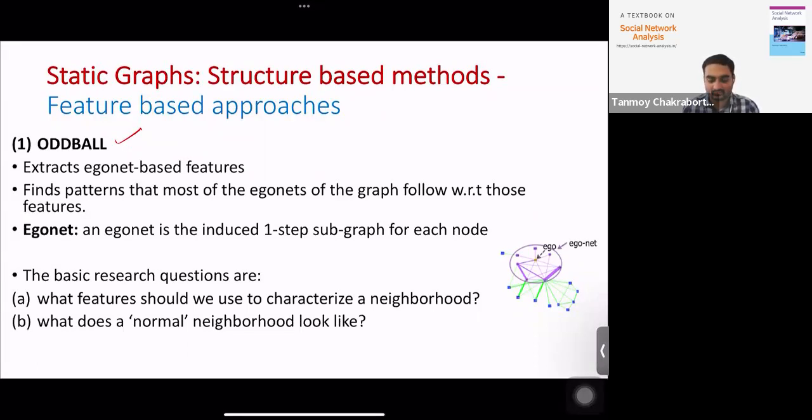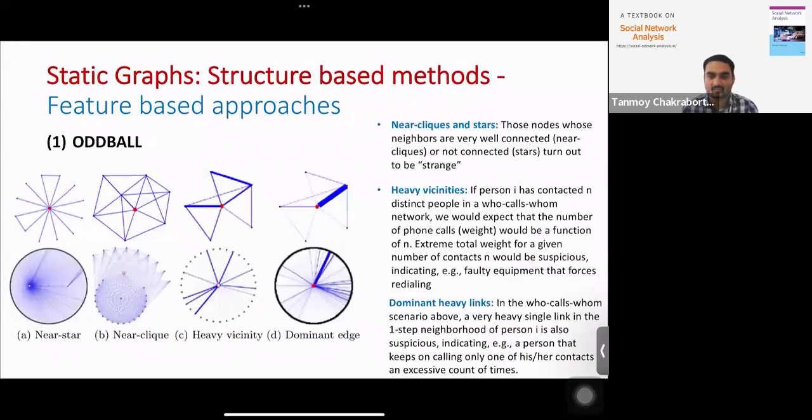You define your own anomalous nodes, the types of anomalous nodes, and then you come up with features which you can use for identifying those anomalous nodes, right? Now this is different from the feature-based approach that I mentioned earlier, although this is also feature-based. The previous approach was basically, you curate a set of features, then you let the classifier identify which features are important and which are not.